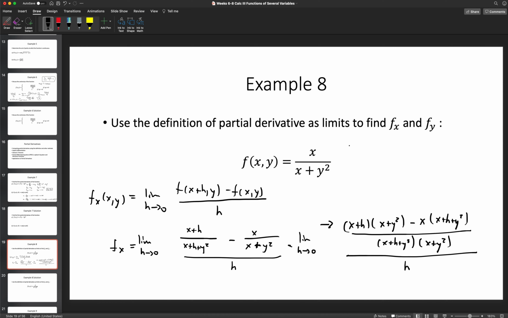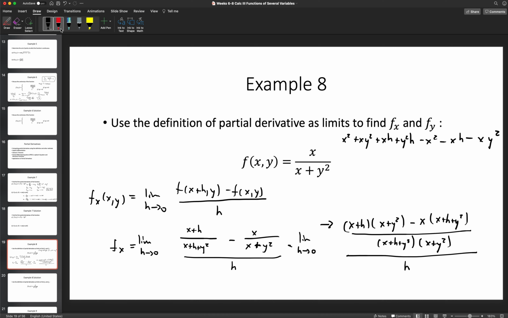Okay, so let's do that. So we get the numerator becomes x squared plus xy squared plus xh plus hy squared, minus x squared minus xh minus xy squared.